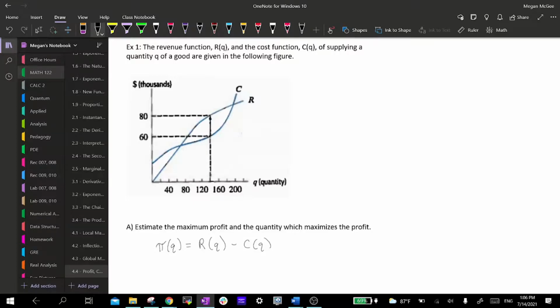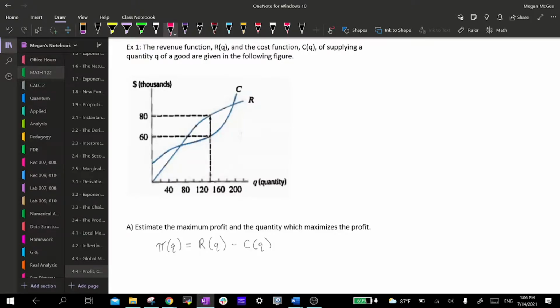So the profit is going to be maximized when we are subtracting the least amount of money from the most amount of money. We want a really big revenue and a really small cost, and that will help us get our largest profit.